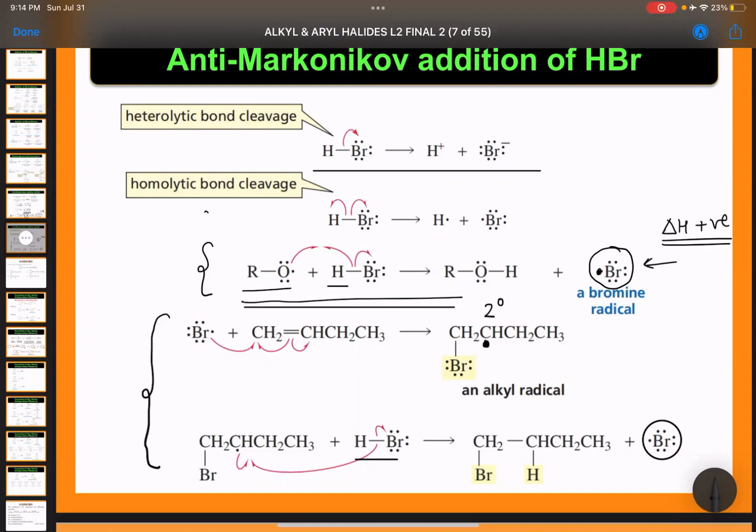Positive heat of reaction means heat needs to be supplied. It is an endothermic step in the case of HF and HCl. So that's why HF and HCl don't give F radical and Cl radical.